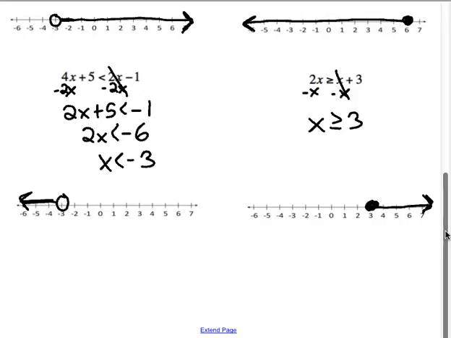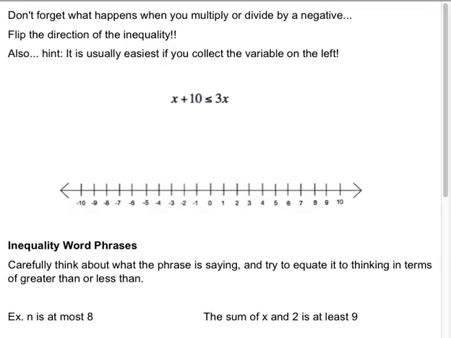Now there is one little thing that you need to remember. Don't forget what happens when you multiply or divide by a negative. It means you have to flip the direction of that inequality. And the other piece is that it's easiest if you collect the variable on the left-hand side. I'm going to scoot this up so I have a little bit more space.